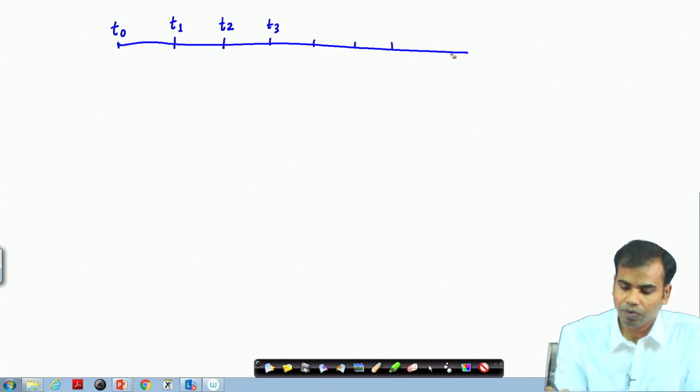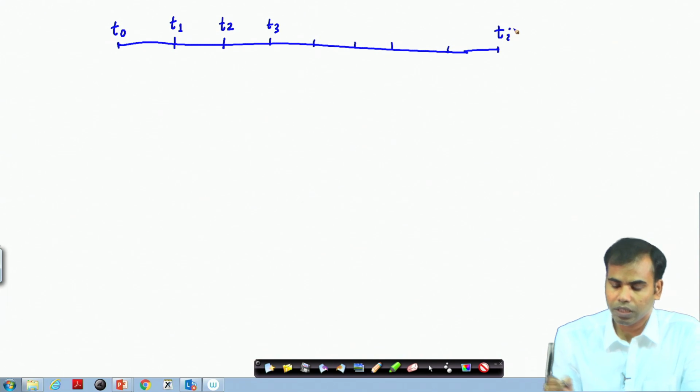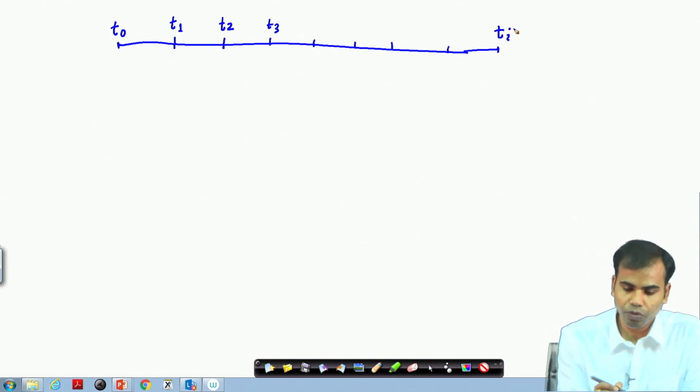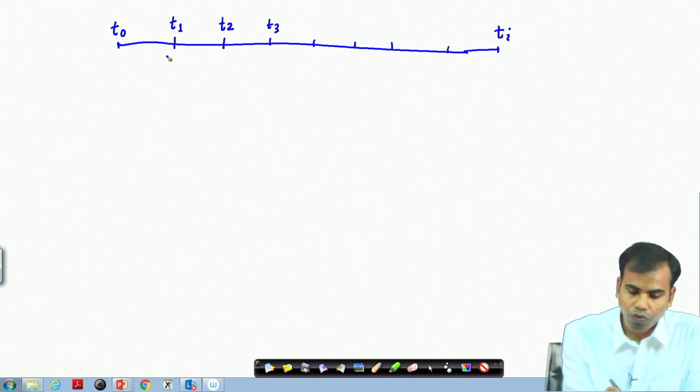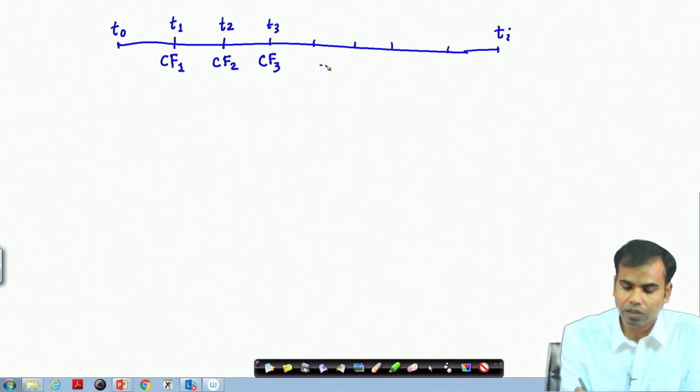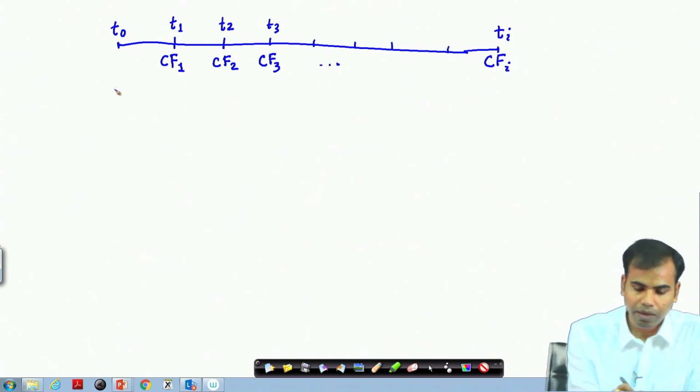So, there are several time points and it ends with t I, which is at some certain point of time in future. We know that we will be getting cash flow 1 at time 1, cash flow 2 at time 2, cash flow 3 at time 3 and so on in future till cash flow I at time I.